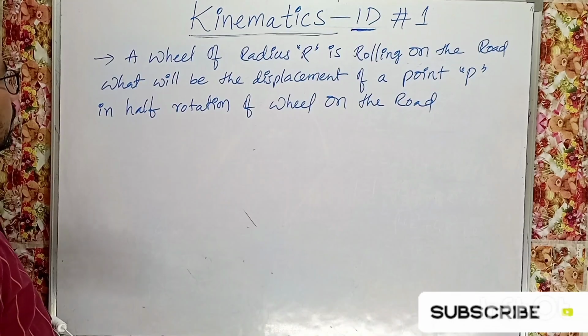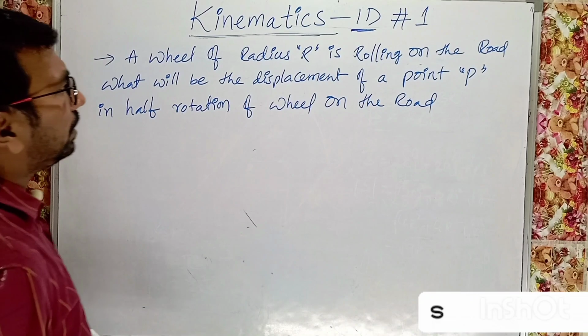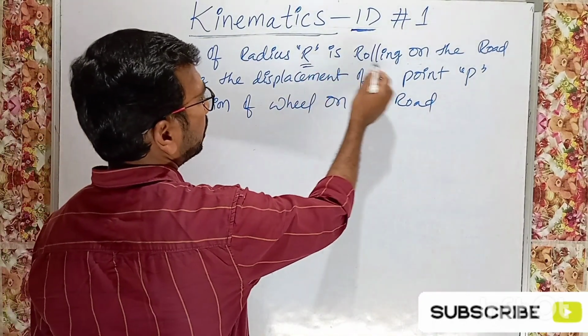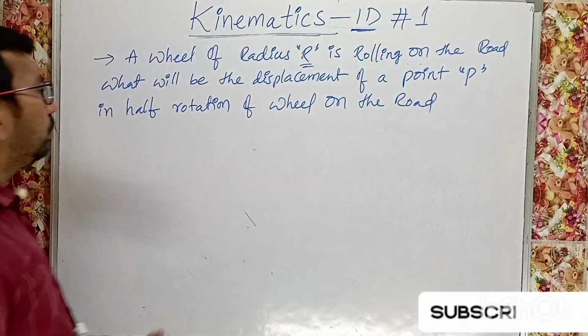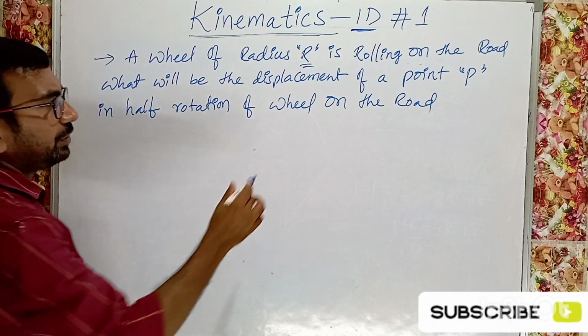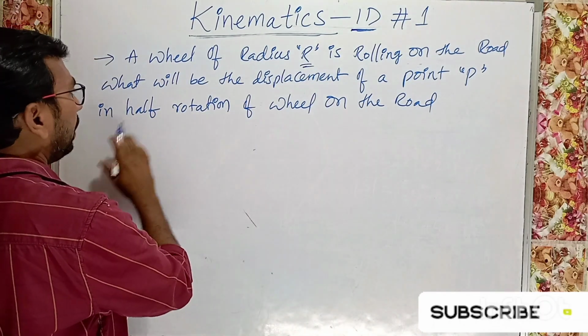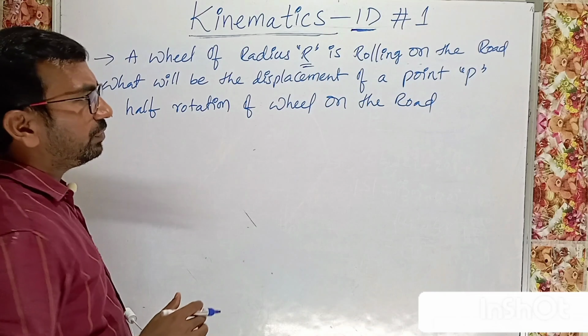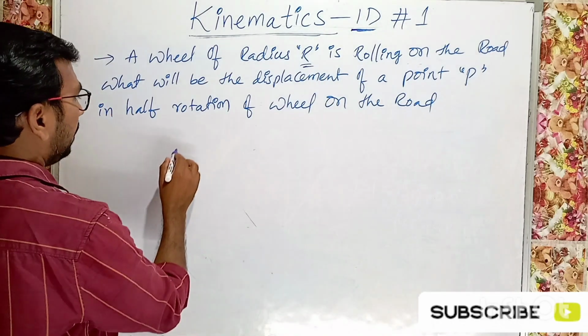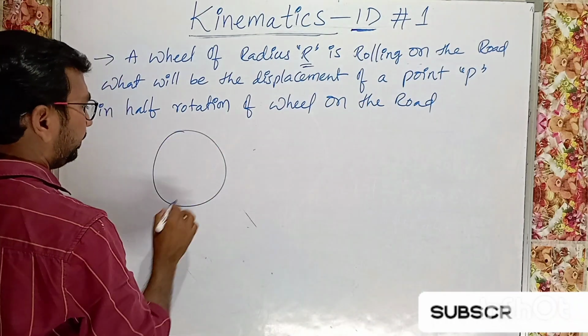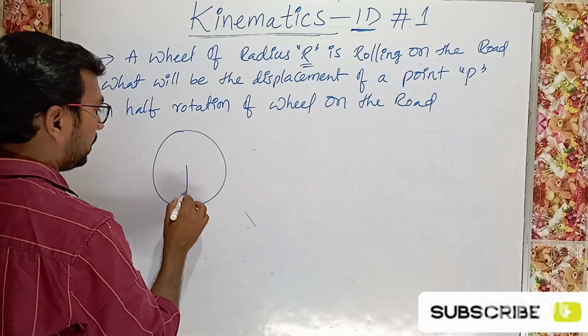Understood? Next question: a wheel of radius r is rolling on the road. What will be the displacement of a point P after one rotation of the wheel on the road? Suppose I consider this is the wheel. This radius is r.